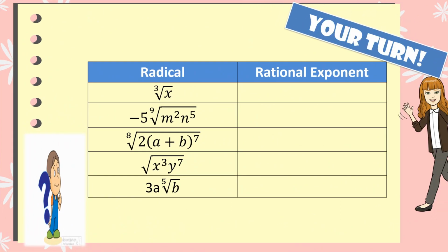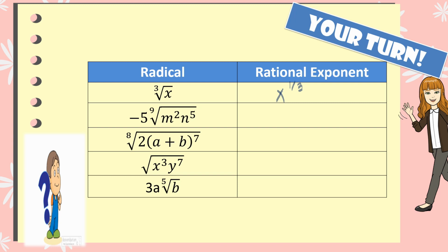Your turn. Write the given radical in an expression with rational exponent. You are given 10 seconds for each expression. Your time starts now. Alright, is your answer x raised to 1 over 3? If it is, then you are correct.